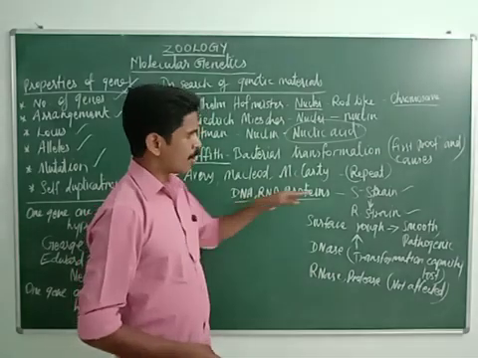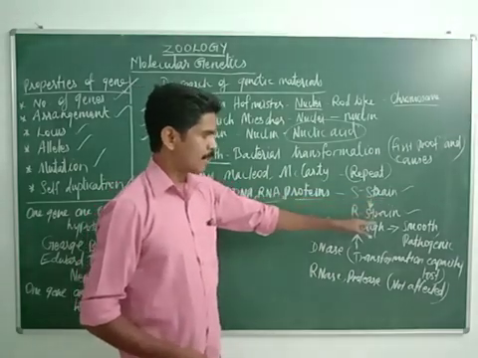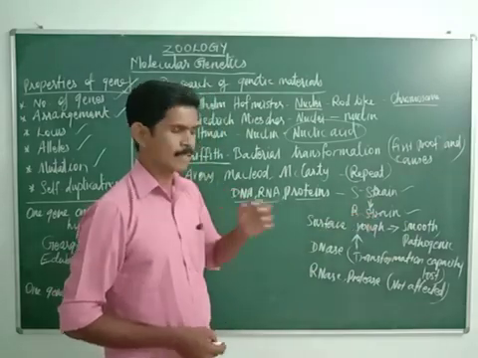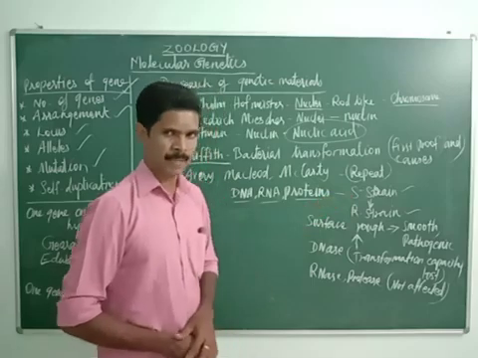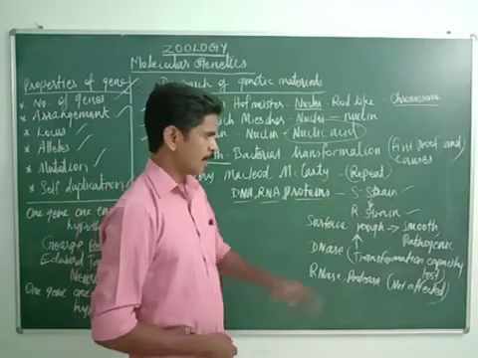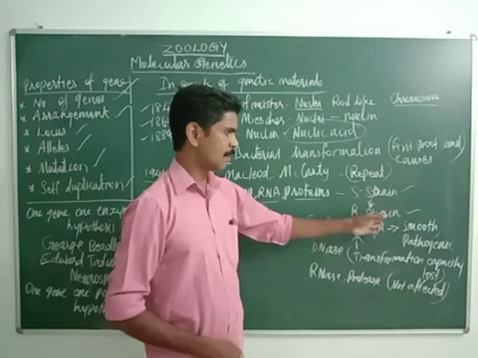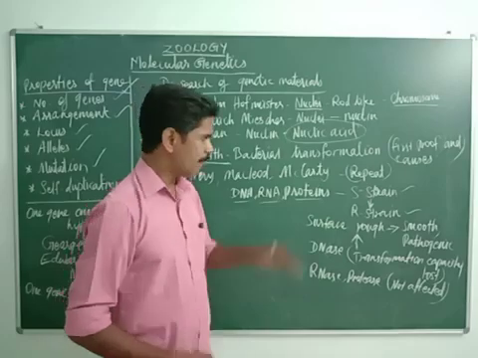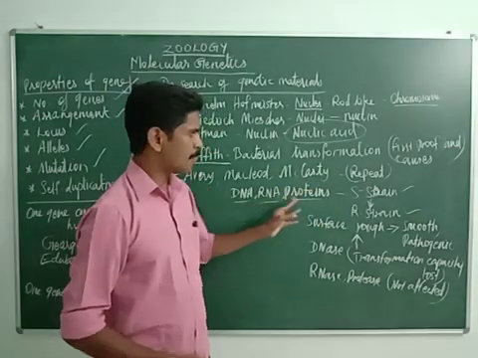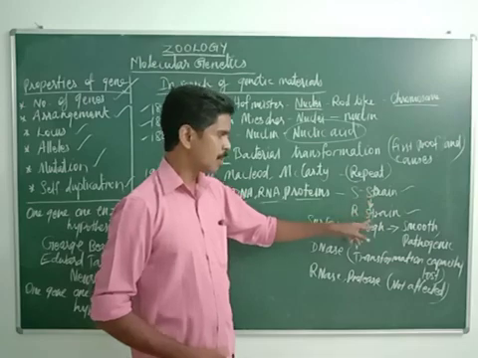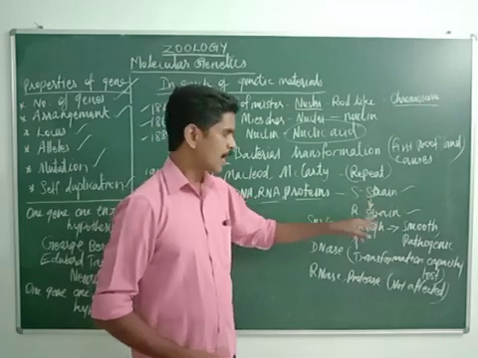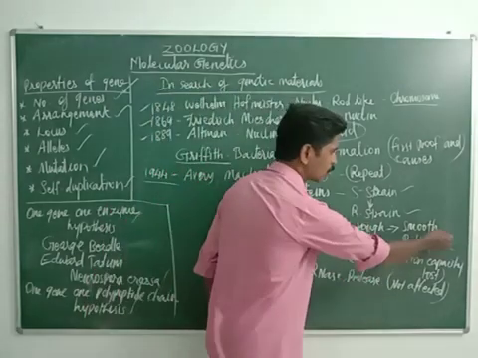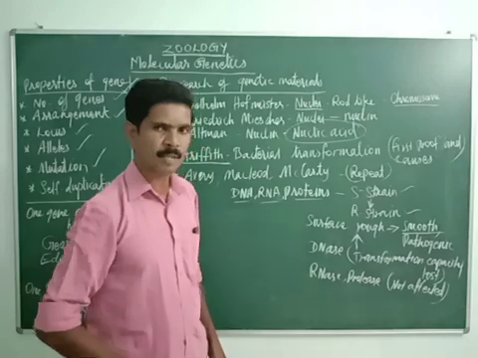When this substance of the S-strain bacteria was added into the R-strain bacteria, they observed some changes in the R-strain bacteria. Actually, the outer surface of the R-strain bacteria is rough in nature. But when they added the DNA, RNA, proteins of the S-strain bacteria, the rough outer surface was converted into a smooth surface.